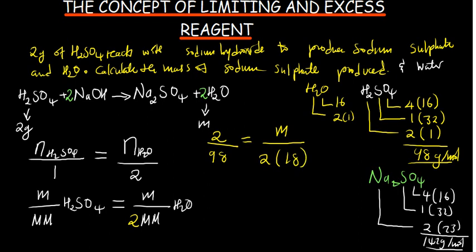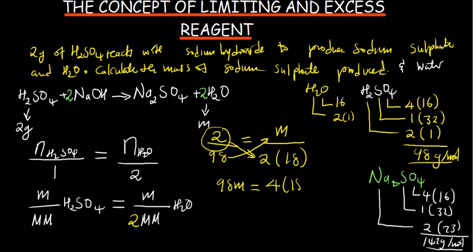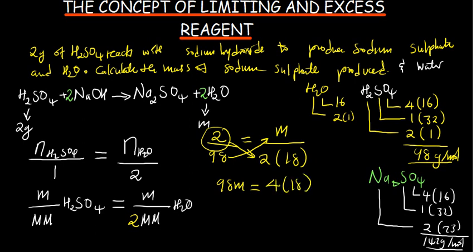So to get the mass, multiply this one by that one. That is going to give you 98 m. That is going to be equal to, we also multiply this by this. So that will be 2 times 2, that will be 4, and then that 4 multiplied by the 18. And then to remain with m, divide both sides by 98. So mass is going to be what?